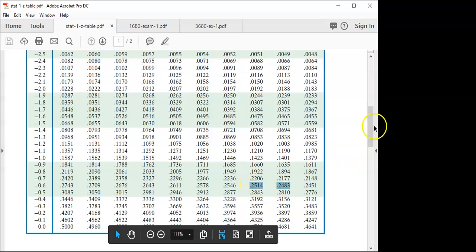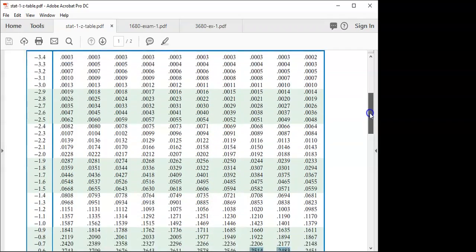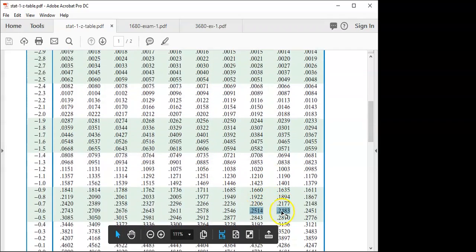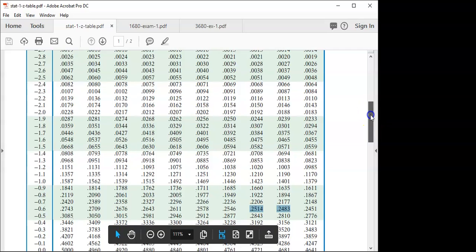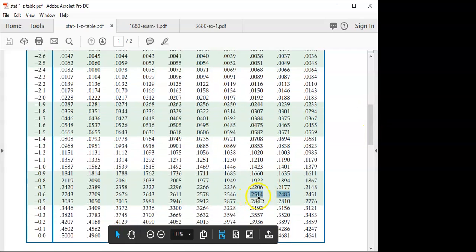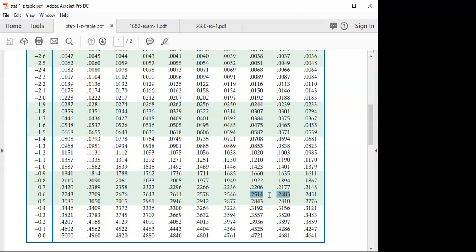And the first one is associated to negative 0.67, and this one is associated to negative 0.68. So the z-score I'm looking for must be somewhere in between, pretty much in the middle. So let me use negative 0.675.